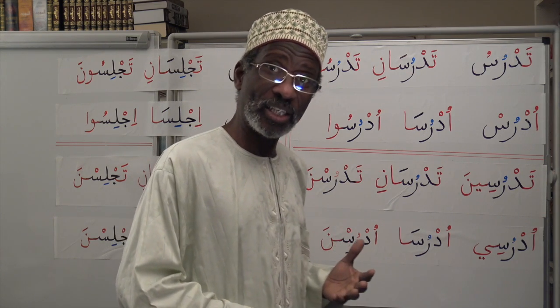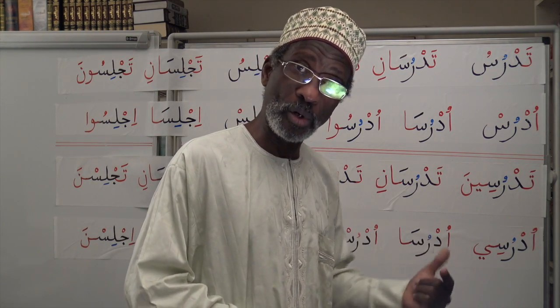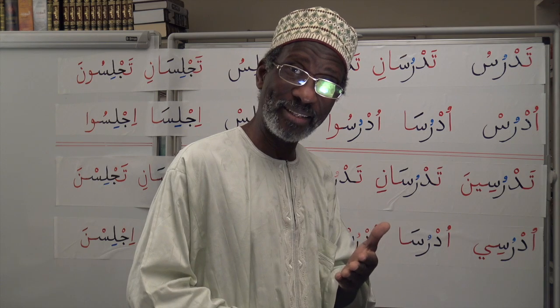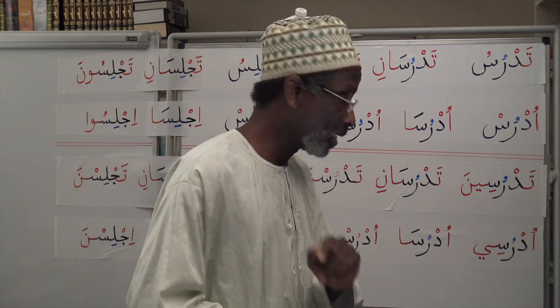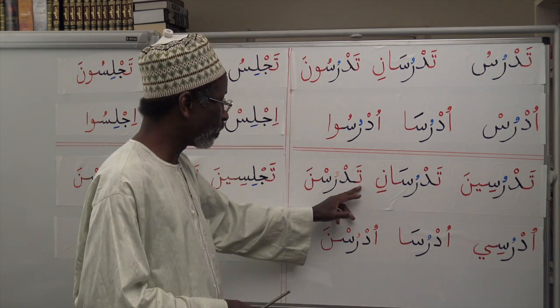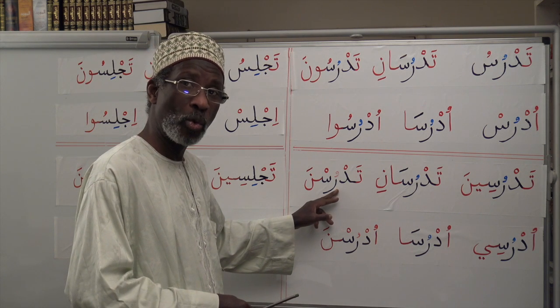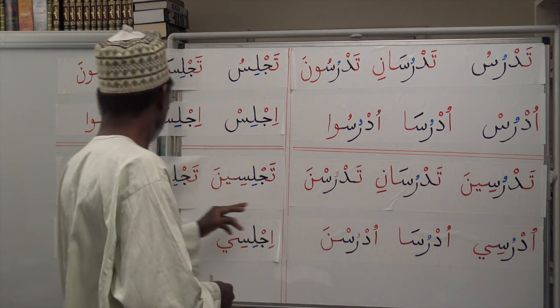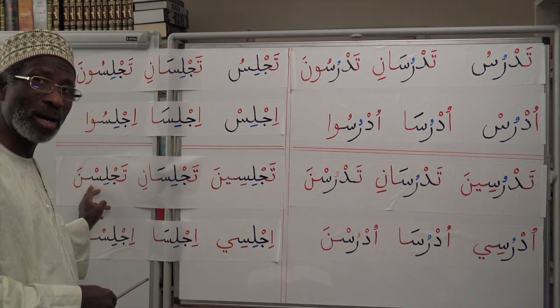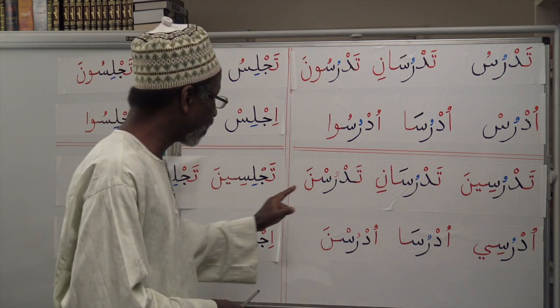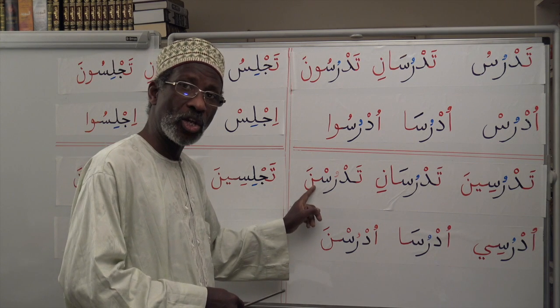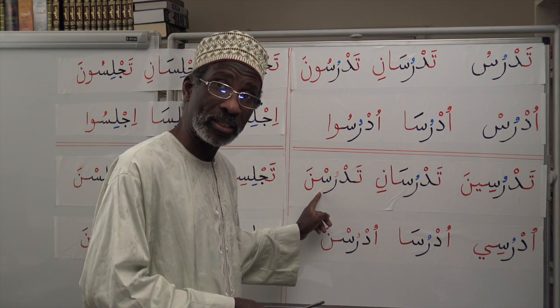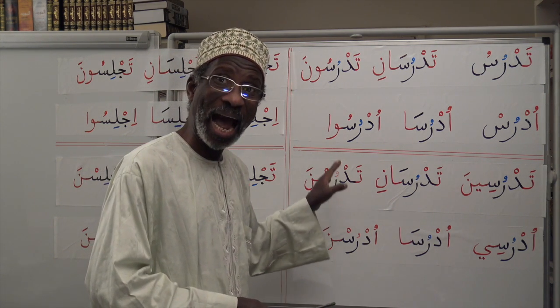But if there is no lengthening letter before the noun in the present tense, that noun stays. Such as when you are speaking to a group of women, you say tedurusna, you are studying. Tejilisna, you are sitting. In the imperative, because that noun has no lengthening letter before it, that noun stays as it is.